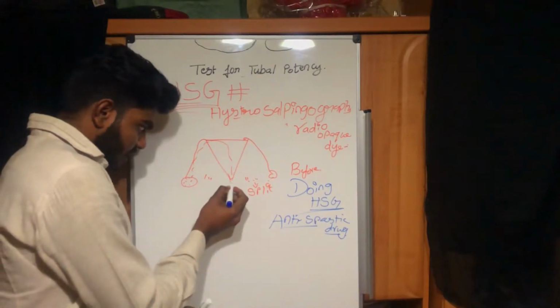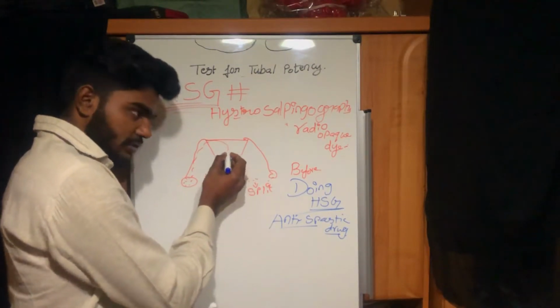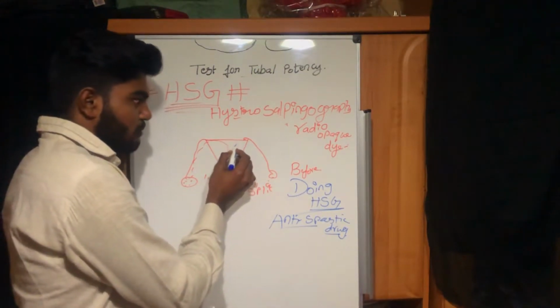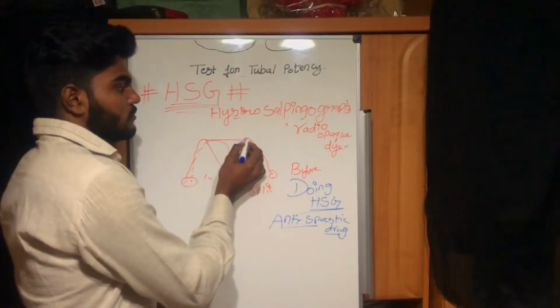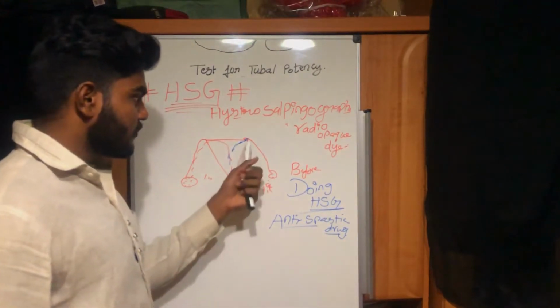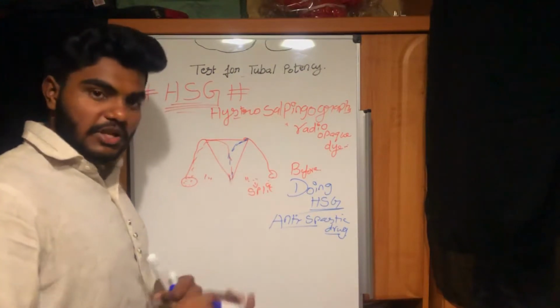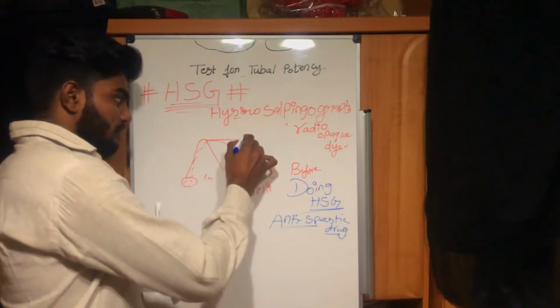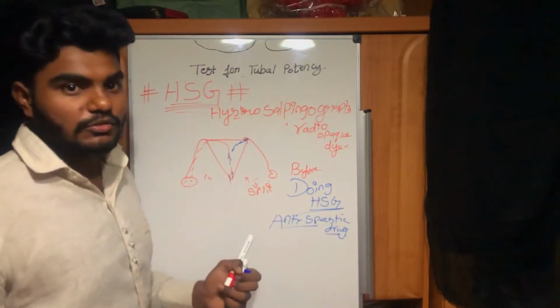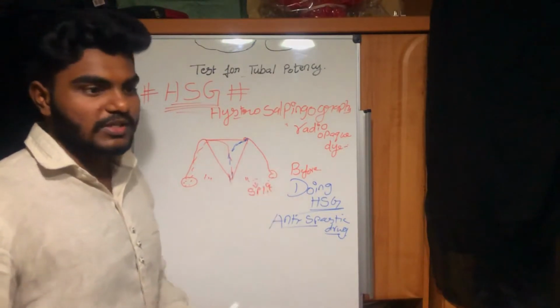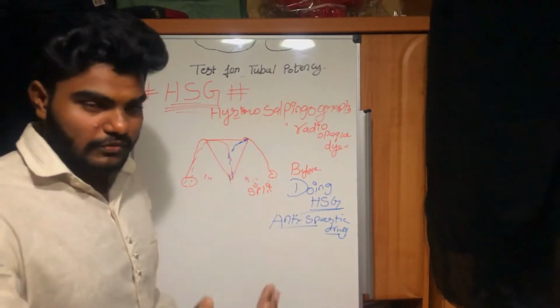Normally if I enter the dye in the uterus, the dye should pass to the fallopian tube. But before entering the fallopian tubes, normally the body will prevent it, because the body doesn't know which one is dye and which one is something that should come out from the body.